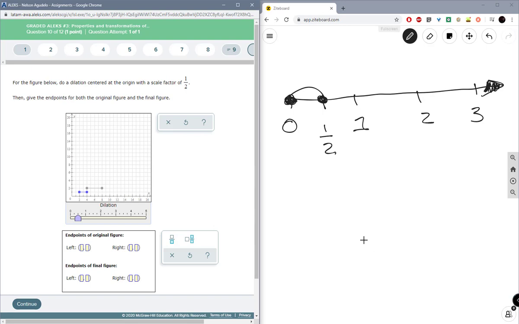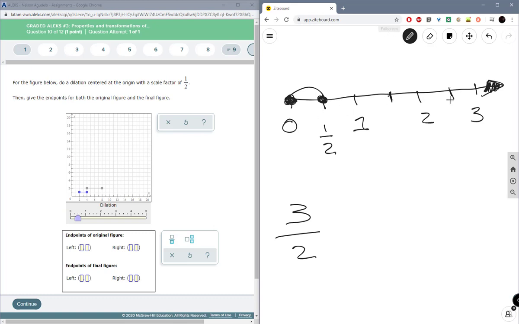What happens if, for example, it's not 1/2 but 3/2? So 1/2, 2/2, 3/2. That's how you do it. And the other part is the same.